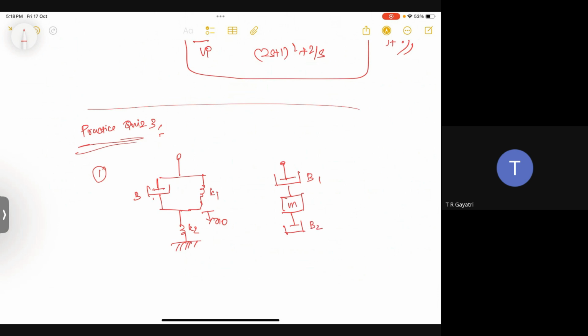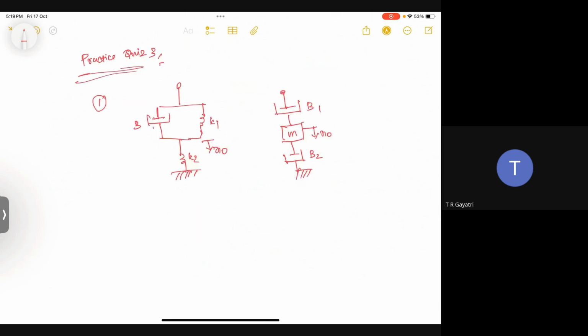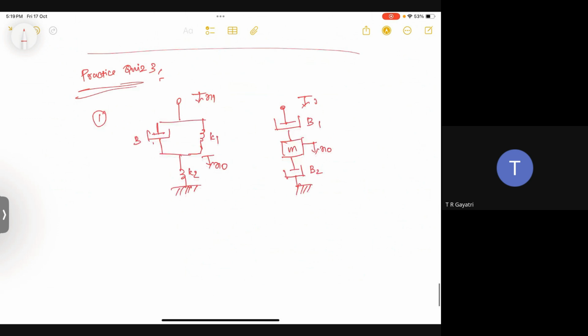Maybe this is B1. This also has a displacement of x0 from mass and it's connected to an end. So find the transfer function of each of the two mechanical systems where x1 represents the input and x represents the output displacement.